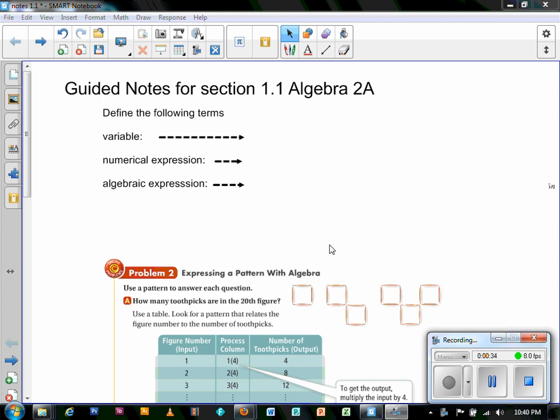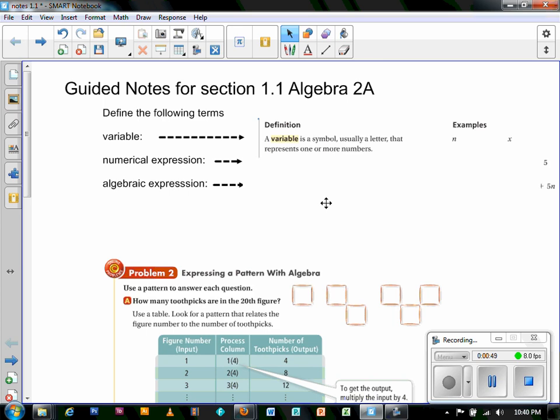So we'll start with the vocabulary terms in this lesson. There are three of them: a variable, a numerical expression, and an algebraic expression. A variable, as the book likes to define it, is a symbol, usually a letter.